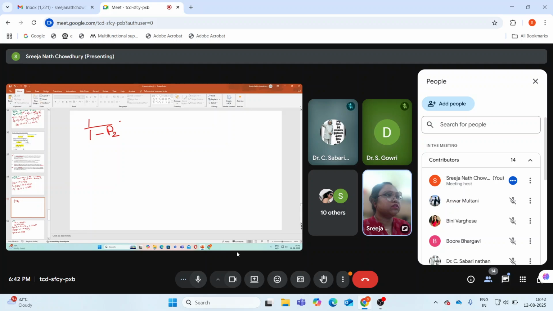Okay. This is phthalic anhydride, it is given as this. But when phthalic anhydride takes part in a reaction, it looks like this.